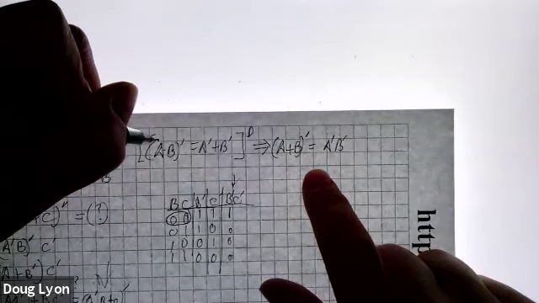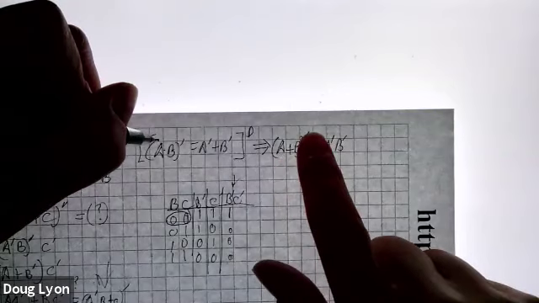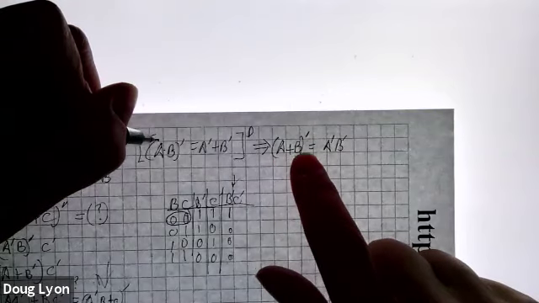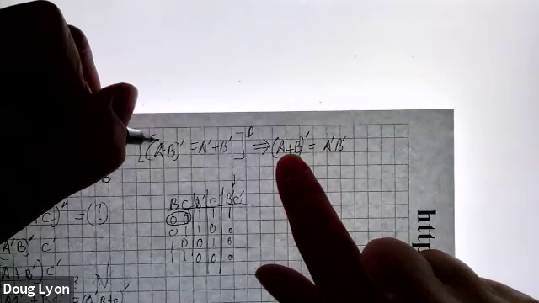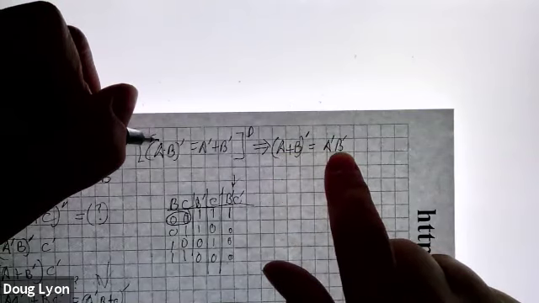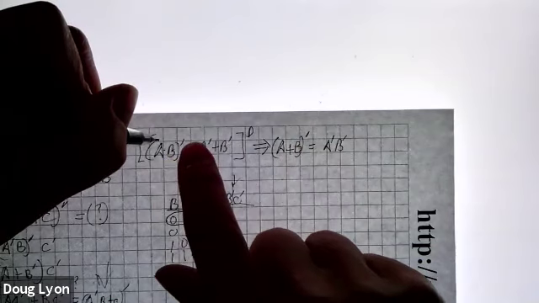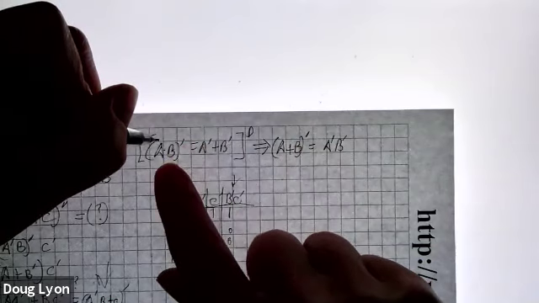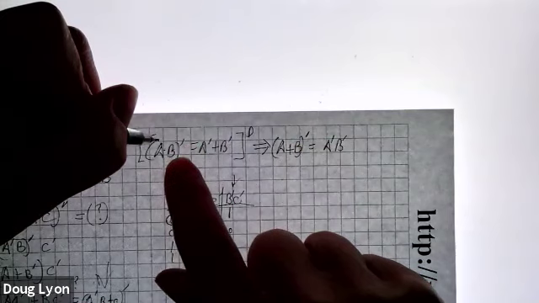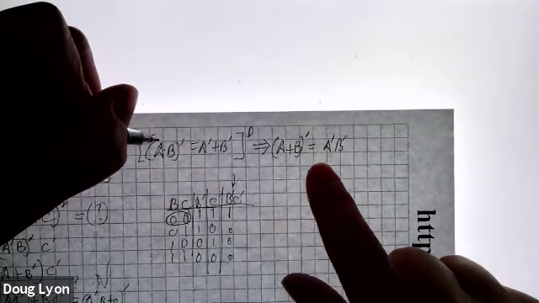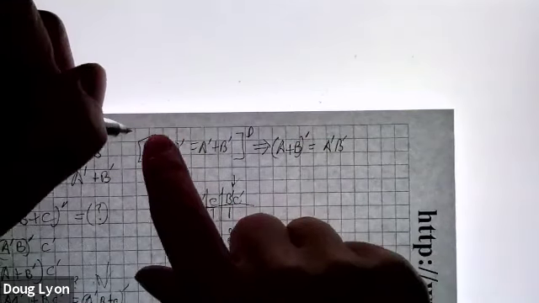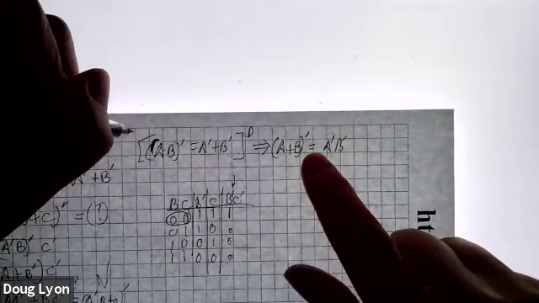And both are correct, in different forms. But wait, if you use De Morgan's theorem here, you distribute the apostrophe to A and B prime inside and you change the plus to times. And sure enough, you get that. If you use De Morgan's theorem in here, you distribute the apostrophe into the A prime or the B prime. And if you take this expression, you can write it in terms of gates.